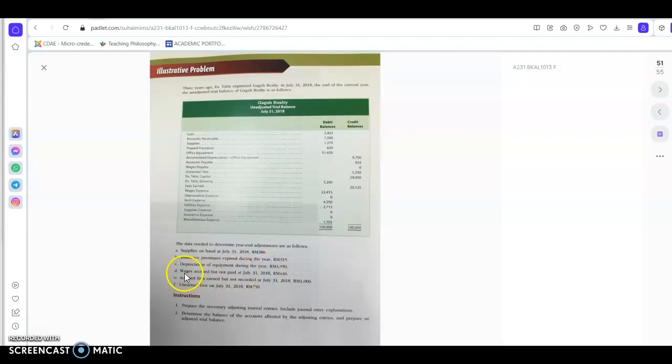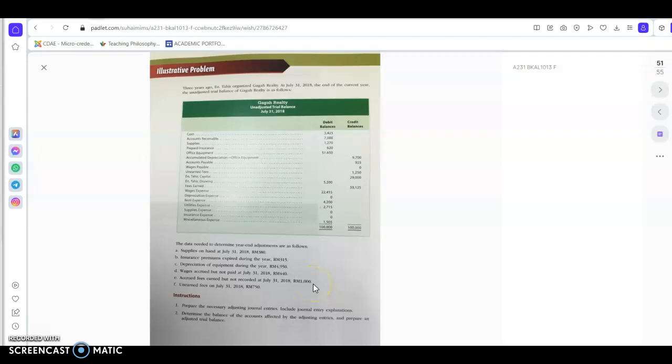Wages accrued but not paid. Okay, so we have to record the wages expense and also the wages payable.